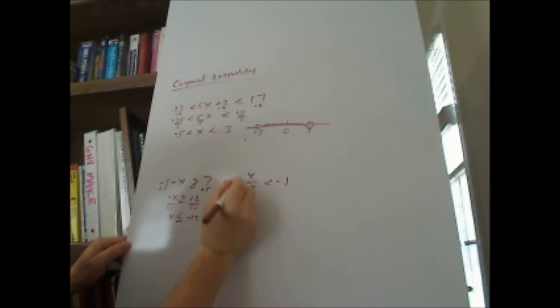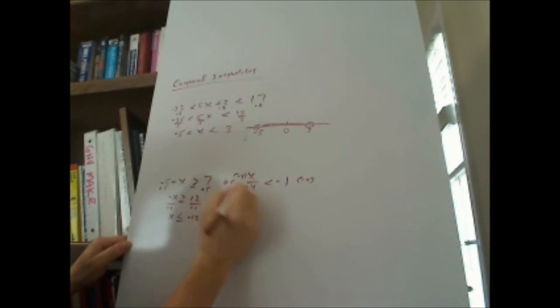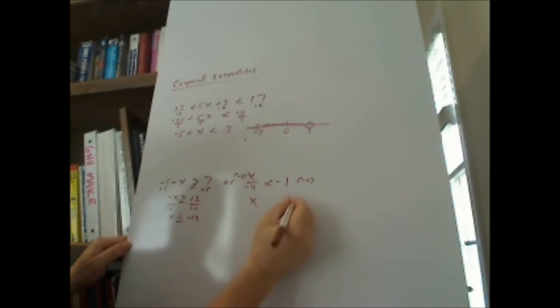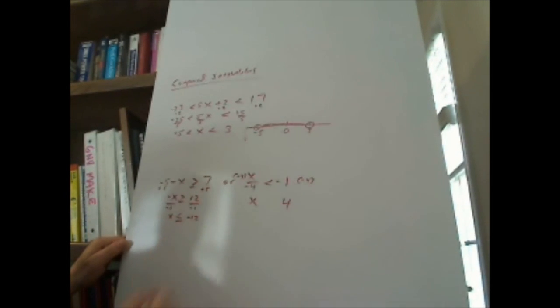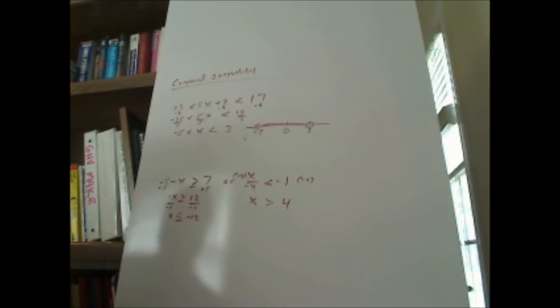So we go minus 4 here and minus 4 here. So we have x, and minus 1 times minus 4 is 4. Okay, question. Do we change the direction of the sign? Let's say we do. We change the direction, because we multiply by a negative number. Okay, so that's your solution.